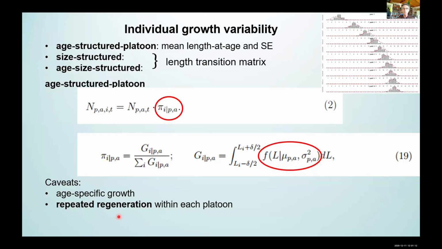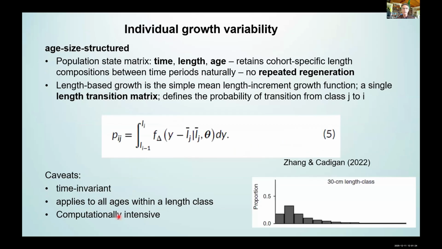Now, the platoon approach, as we've seen, is a really good approximation for capturing Rosalie's phenomenon, or what Ian in his paper calls selective mortality effects in respect of length. For size-structured and age-size-structured models, as Andre showed, the population state matrix is in terms of age and length.